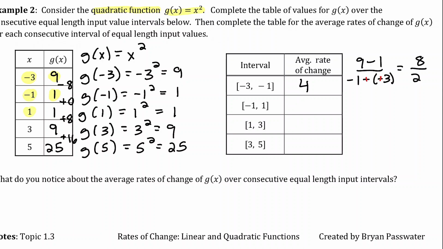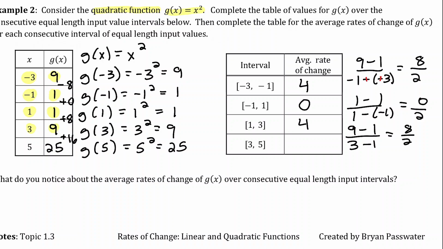Then I'm going from negative 1 to 1. So I want to use these 1's. 1 minus 1 over 1 minus negative 1. Gets me 0 over 2, which is 0. 1 to 3, I want to use these 2's. So I'm going to do 9 minus 1 over 3 minus 1.